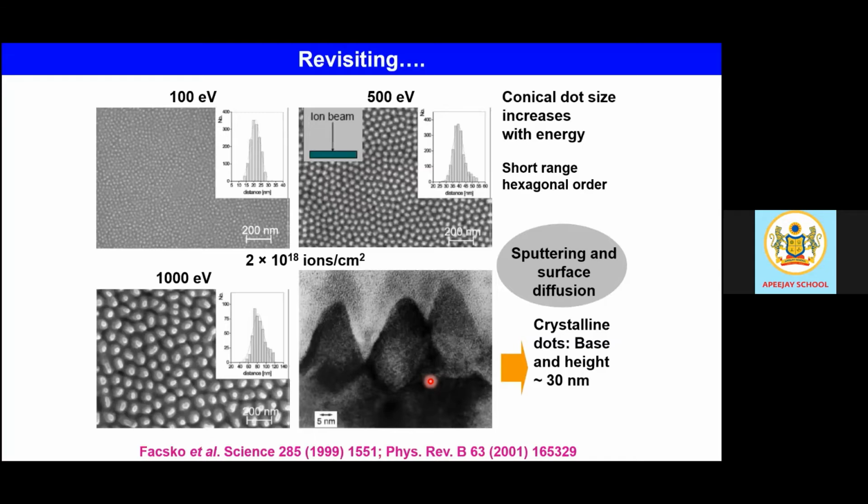Like the ripple wavelength actually increases or gets coarsened with increasing ion fluence and ion energy, that we have seen the other day, as it grows almost linearly. And here the interesting thing is the dots were absolutely crystalline.